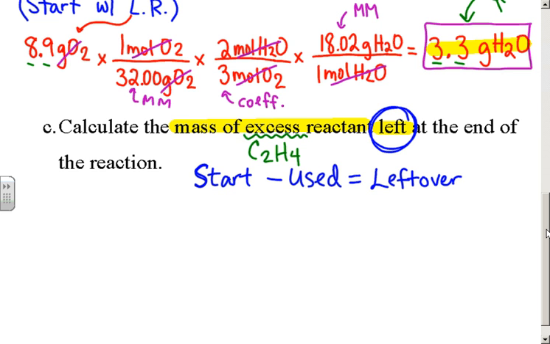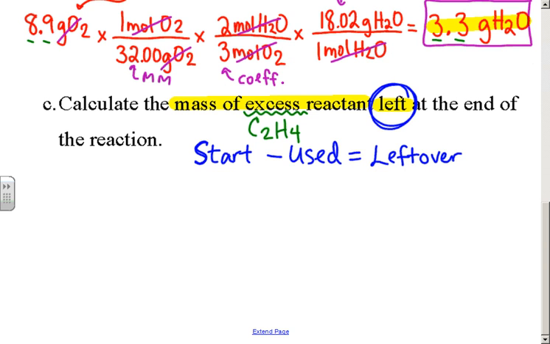So which of these numbers do I know? Well, back in the problem, they told me a starting value for the ethene. Specifically, I had 4.3 grams of the ethene to start with. In order to figure out how much I have left over, I need to subtract how much was used. In order to figure out how much was used, I have to do a calculation. Since I'm doing a calculation, like in the last one, I'm going to start with the limiting reactant.